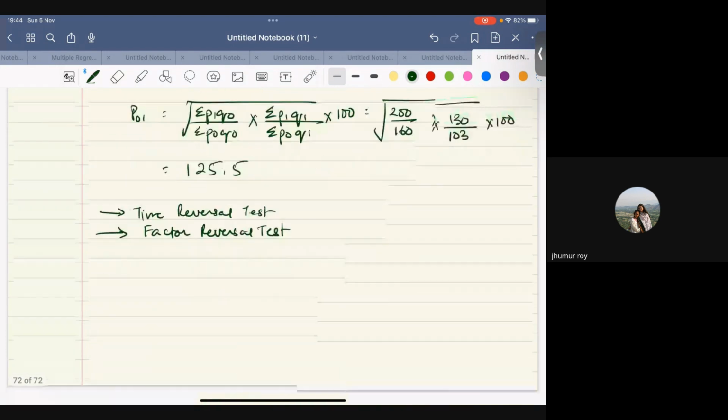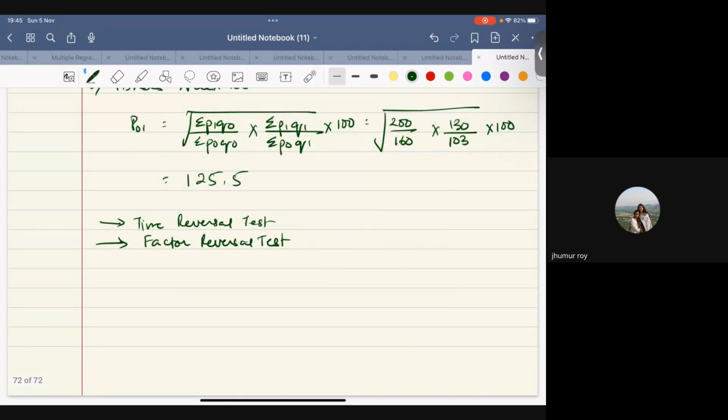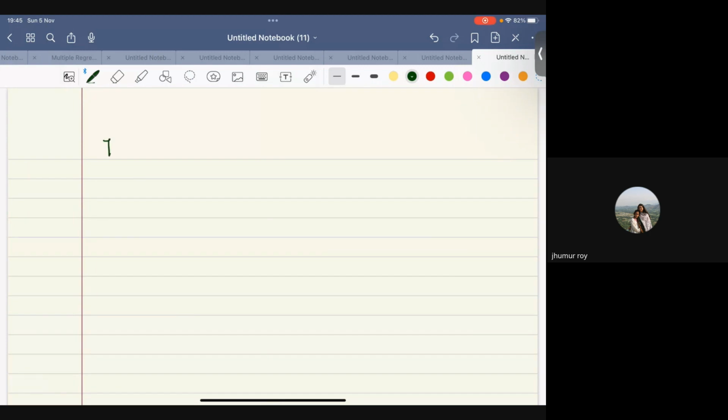I will explain. Suppose we talk about Fisher's index number. I'll come to the time reversal test first. This test is only satisfied by Fisher's index number. It is not applicable to any other index.